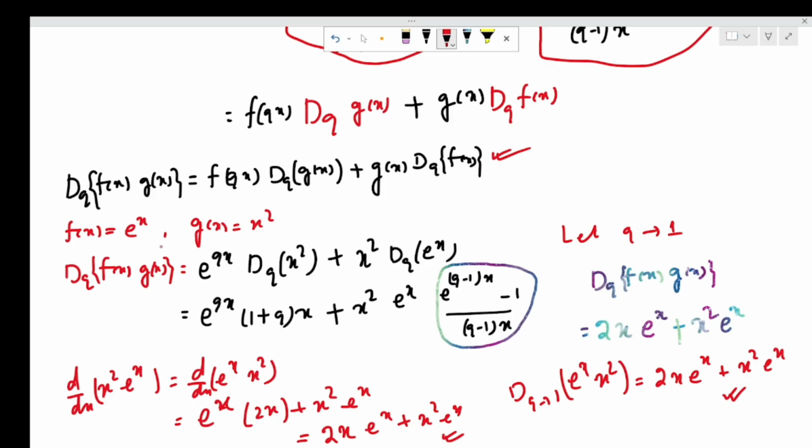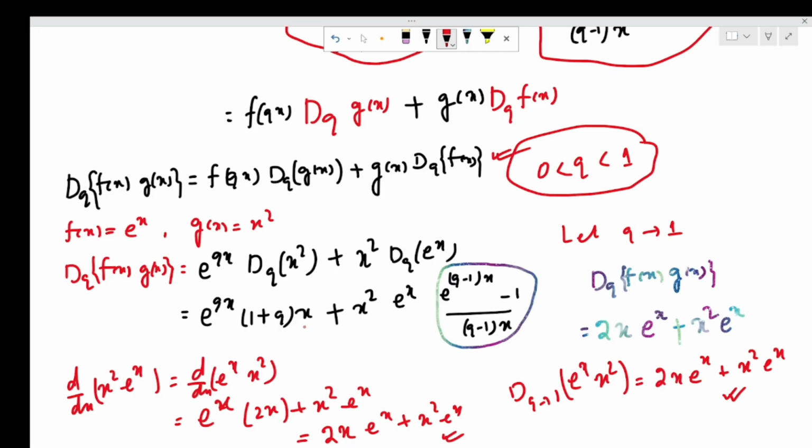And in this way, you can find the quantum derivative when we have two different functions, or three or multiple functions; this rule can be applied. As we mentioned in the previous lectures, depending on the q value, where q varies from 0 to 1, we can find the nature of the derivative, or the local behavior of the derivative, when we have the product of the functions e to the power x and x square.